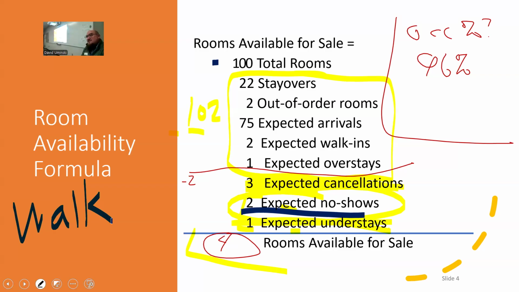I did my due diligence. I called and said, I just want to make sure you're still coming, I will hold a room for you. And then they didn't even cancel, they just didn't show up at all. So they were at 99% occupancy instead of 100, plus they had to walk somebody, which is not a great situation.